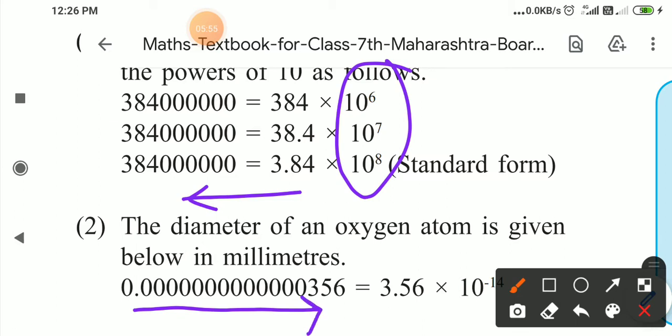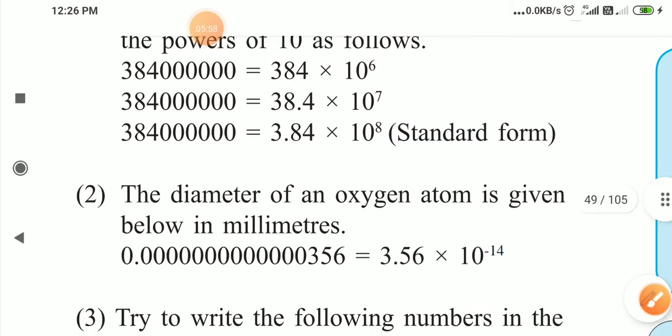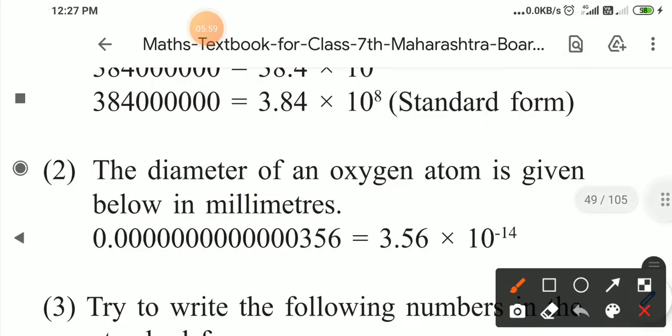Okay, let us see how many digits. So this is the oxygen's diameter. Here they have taken the point after 3. So before 3, how many digits are there after the decimal point? We will count. 1, 2, 3, 4, 5, 6, 7, 8, 9, 10, 11, 12, 13, 14.